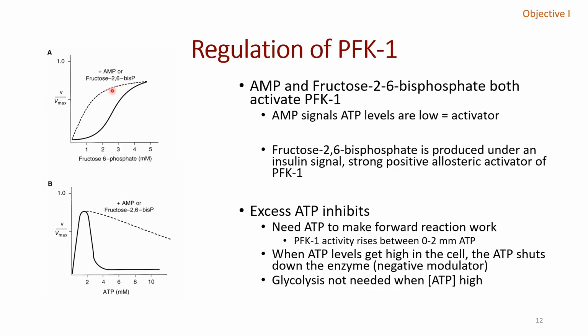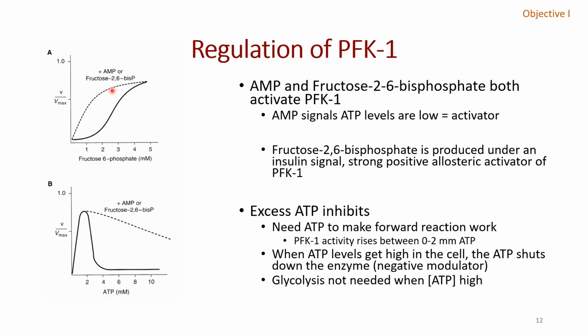If you think about a skeletal muscle and the muscle is running or exercising, a lot of exertion, a lot of ATP use, the ATP level in the cell is going to go down, down, down because the ATP is getting used up. And that's going to cause the AMP level in the cell to get higher and higher. As the AMP starts to rise, the AMP is a positive allosteric activator for this enzyme.